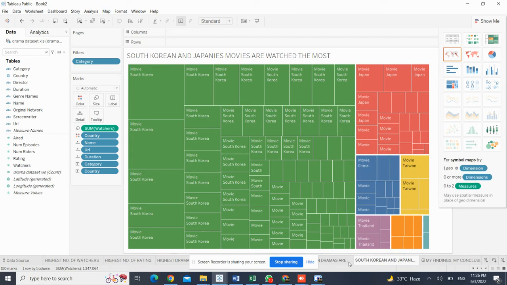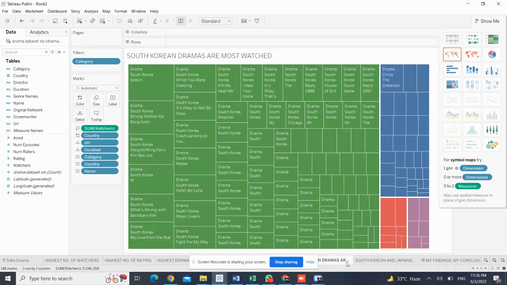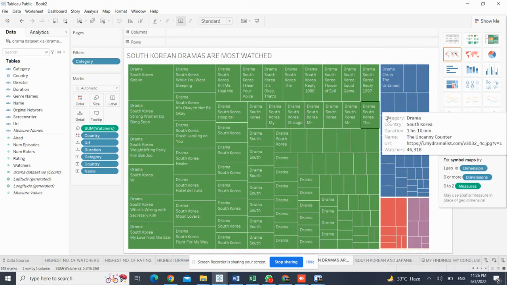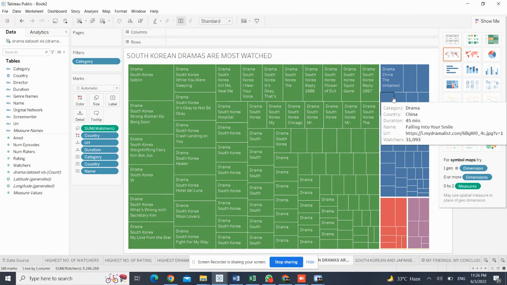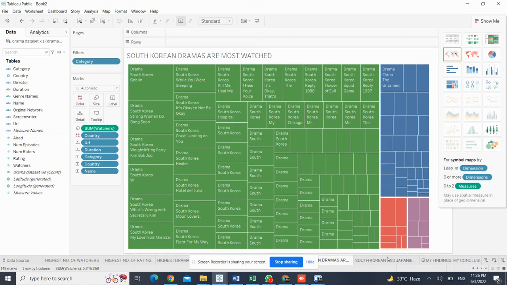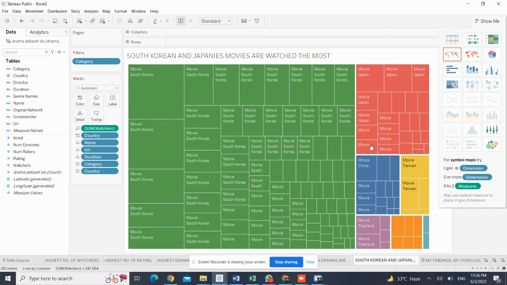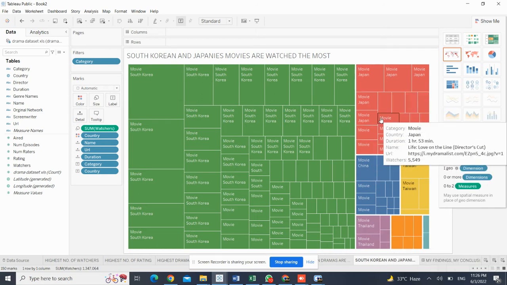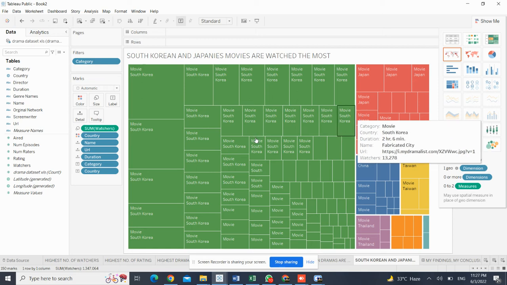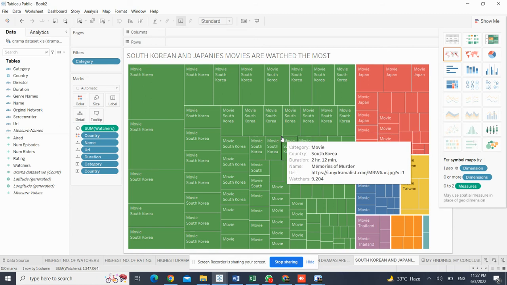For dramas, the second highest number of watchers were Chinese, but for movies the second highest are Japanese. I have entered the URL for each movie, along with the duration, country name, movie name, and watchers of each. So if interested in any movie or drama, one can see it.